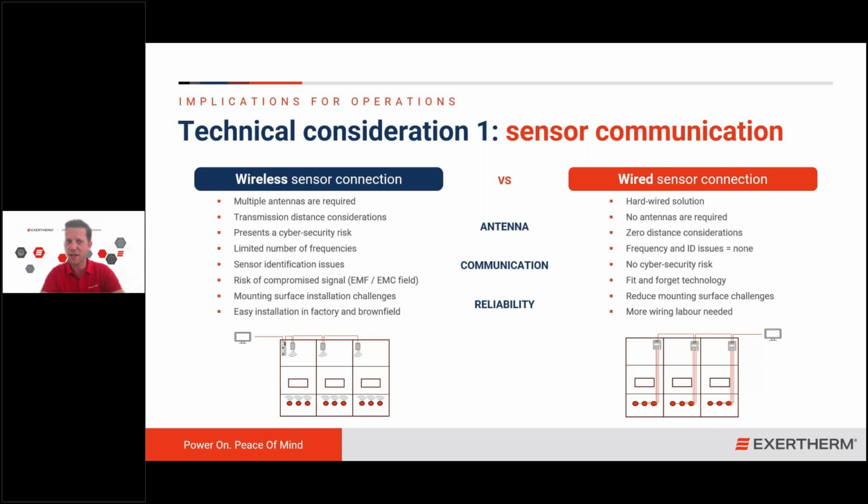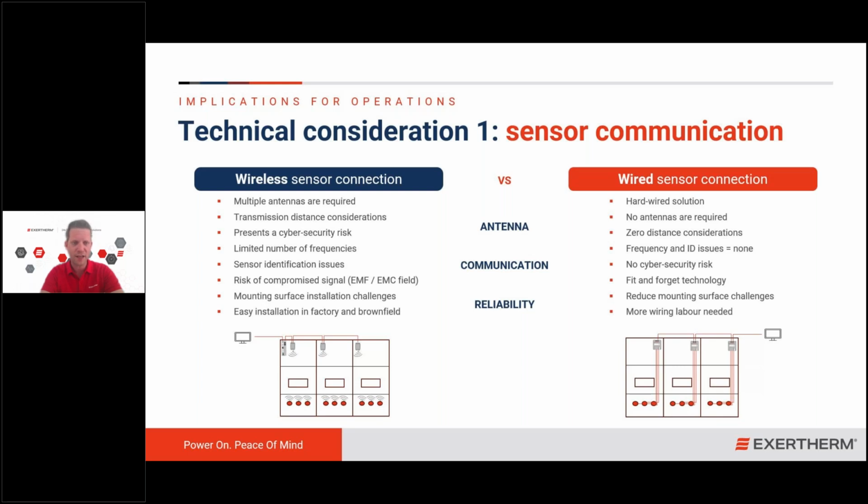And the antennas themselves are, on the other hand, wired themselves. So the wireless piece is really only a couple of inches, maybe just a few feet. There's differences with regards to transmission distance considerations, right? How far away can the antenna sit? Or how many must you consider given the amount of sensors that you need for monitoring every critical connection inside the lineup or in the equipment?